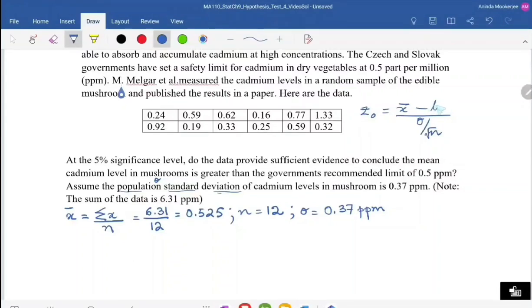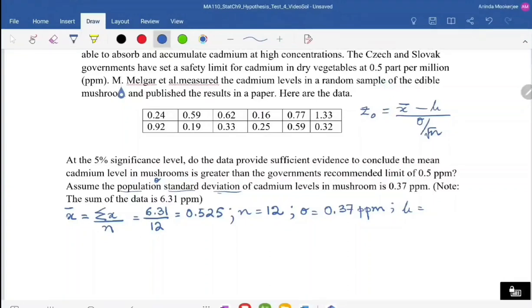All right. So we have to figure out what mu is. Now this mu is the null hypothesis mu, the null hypothesis mean. So we have to figure out what the null hypothesis mean is. So what would that be? Here, I'm going to write mu equals the safety limit set by the government.